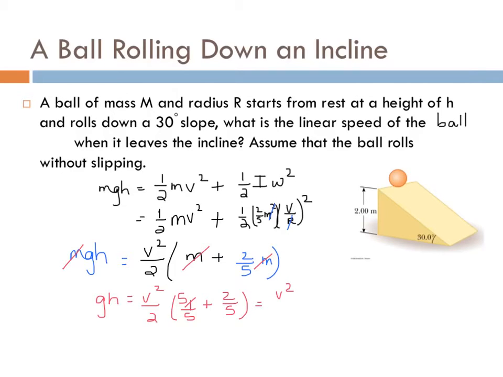Let's go ahead and simplify this right-hand side, which gives us a velocity squared of 10gh over 7, and then take the square root.